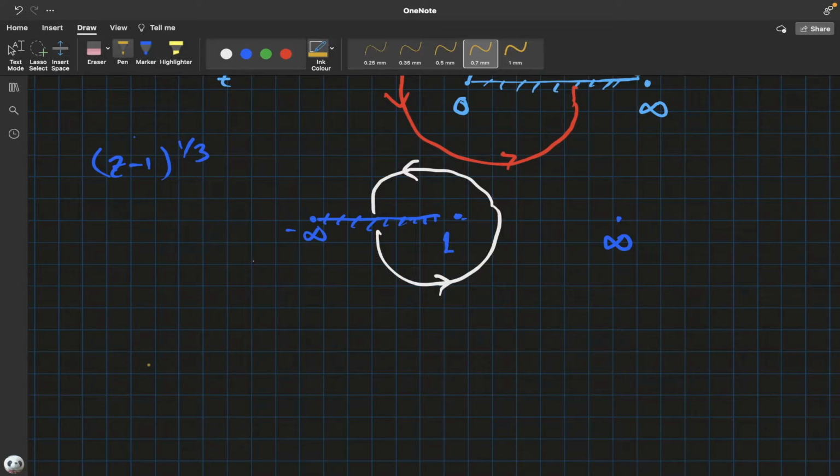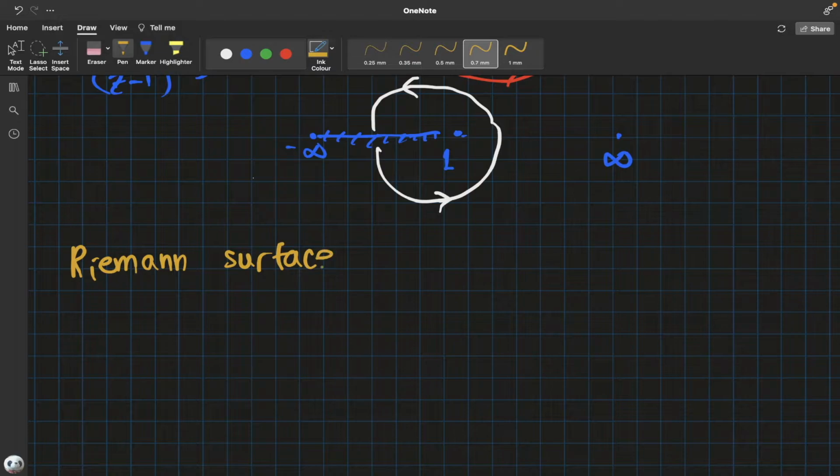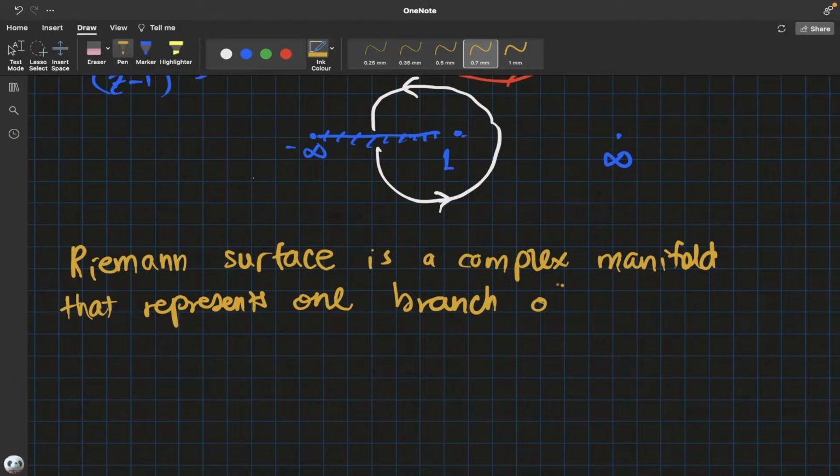Now, a Riemann surface is a good way of picturizing what happens to the range, because the range is the important thing here. So a Riemann surface is another complex manifold. I'm using the most general terminology that represents one branch of a multivalued function.